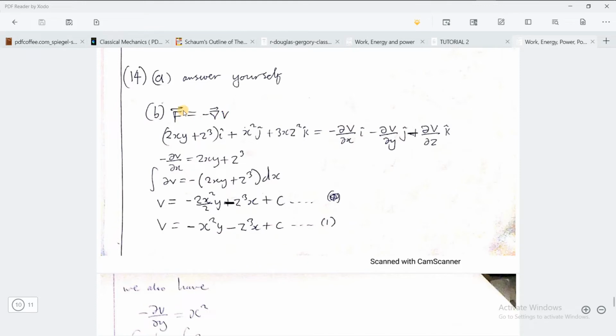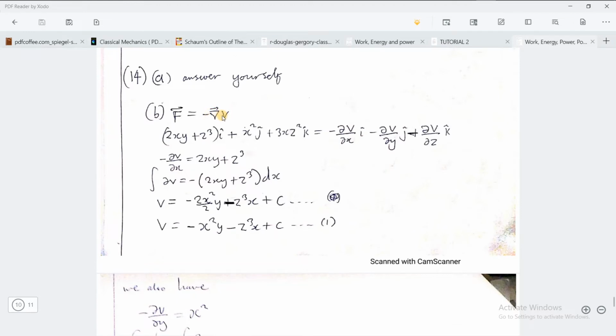Alright, so using this equation, we'll plug in what we have. We'll plug in F, which is this, must be equal to minus del V. So minus del V is just this del multiplying throughout.